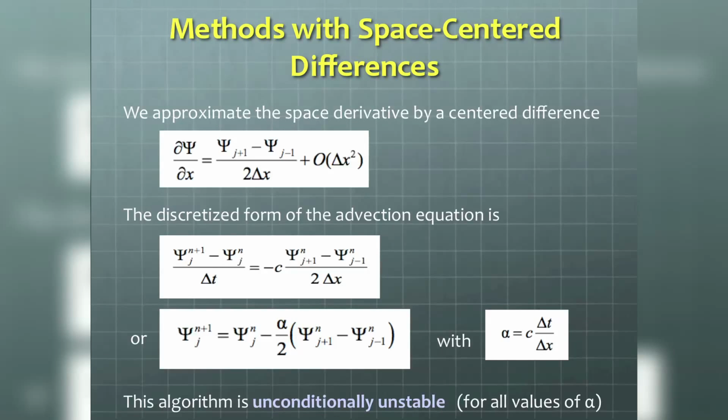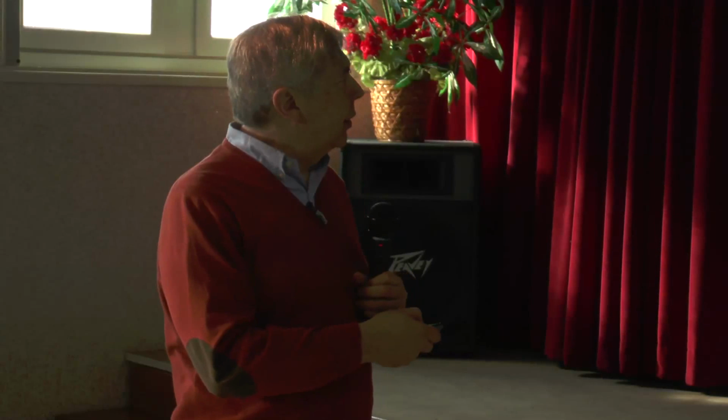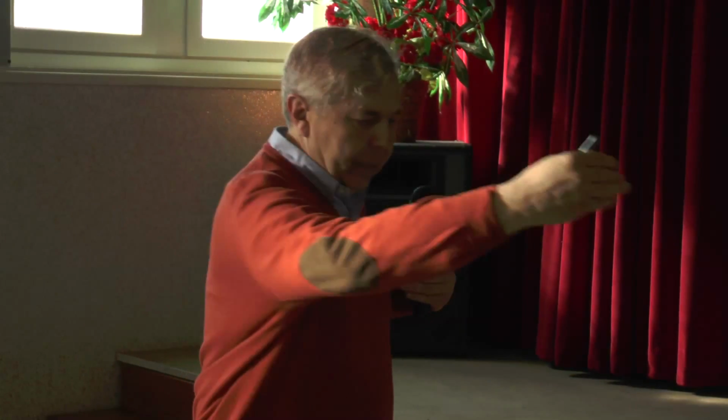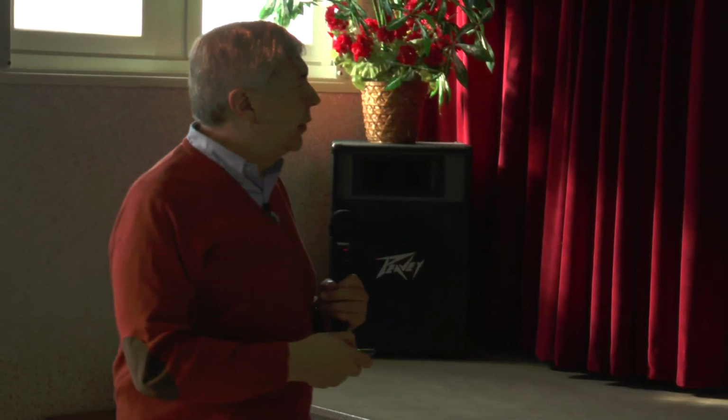It means that I take the derivative by doing the finite difference, looking at the value at j plus 1 minus the value at j minus 1, divided by 2 delta x. So if I look at the derivative at location j, I take the difference from the value in front of me minus the value in back of me.